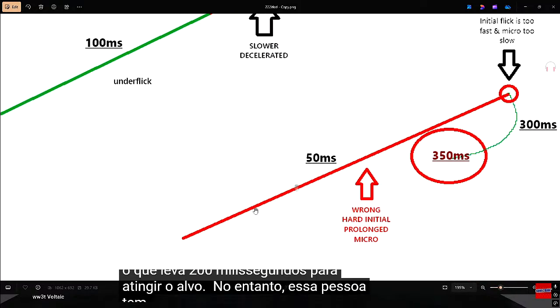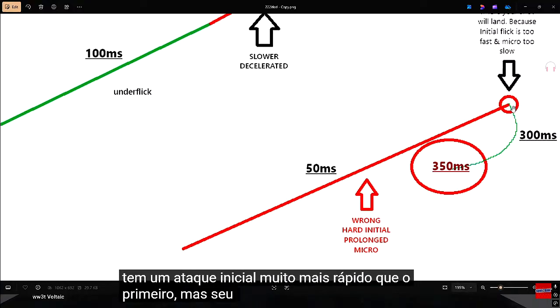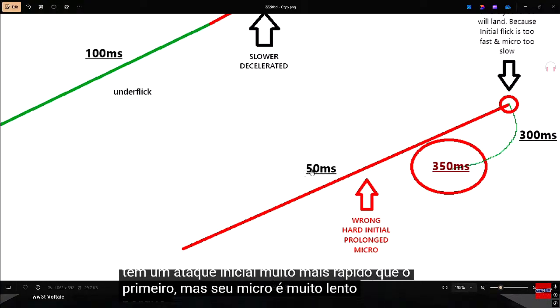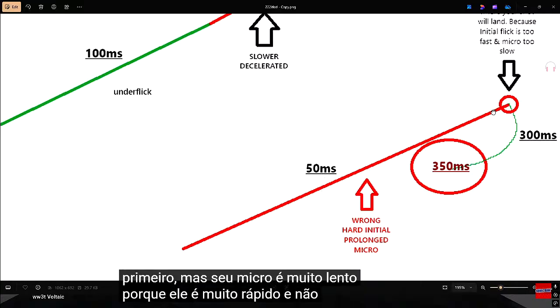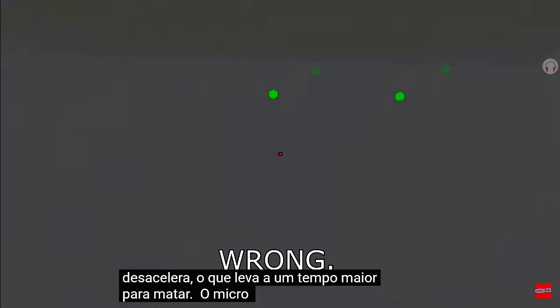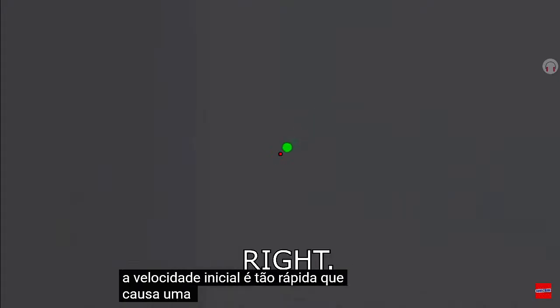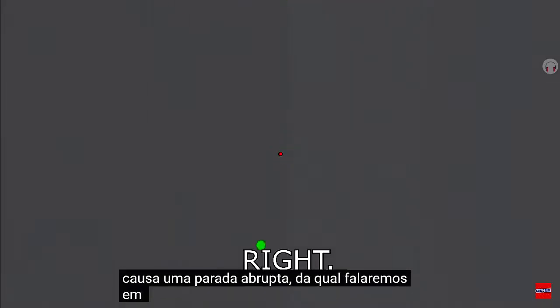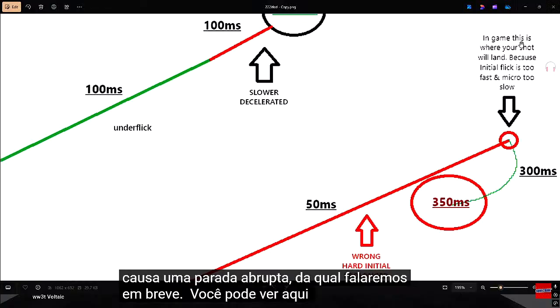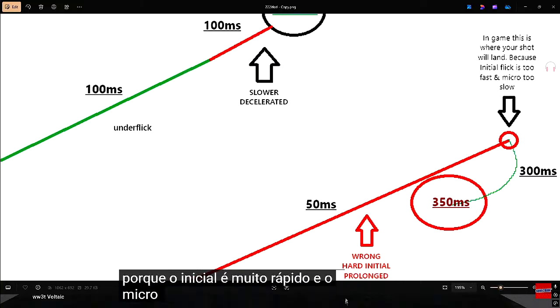This person, however, has a very fast initial, faster than the first guy, but his micro is so slow because he's so fast and he doesn't decelerate, which leads to a longer time to kill. Prolonged micro happens because the initial speed is so fast that it causes an abrupt halt, which we'll talk about very soon. You can see here in the game, this is where your shot will land because the initial is too fast and the micro is too slow.